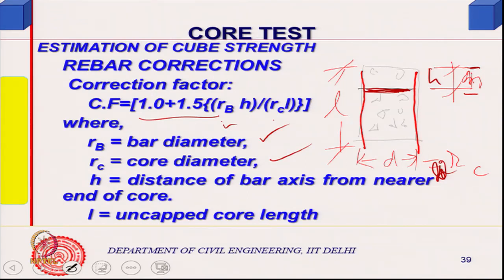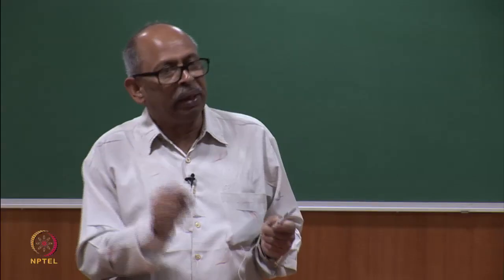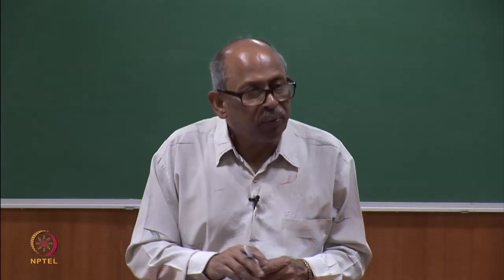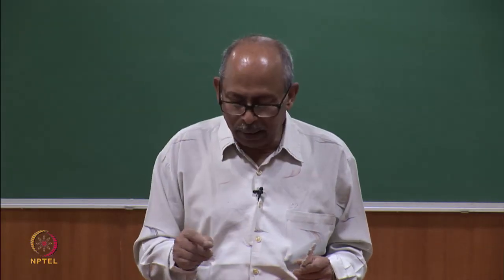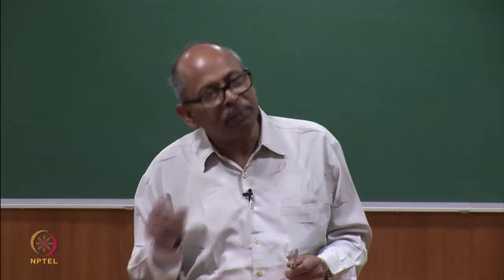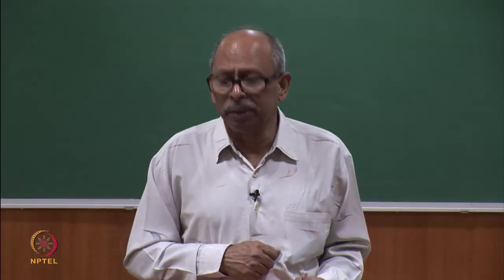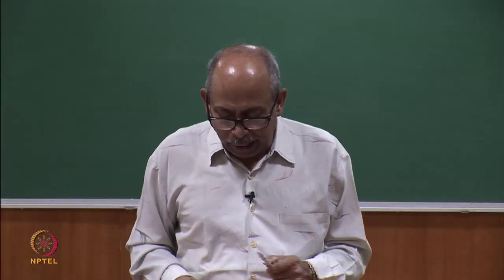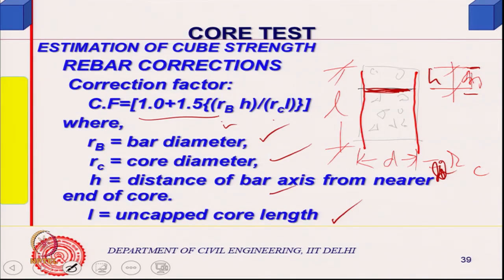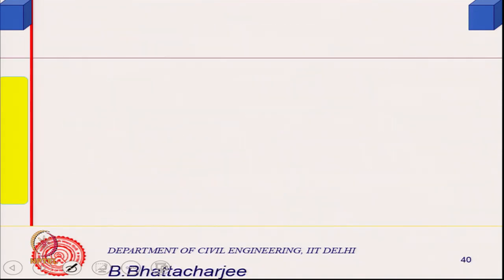Supposing 2 bars are there, find out D b into h for the first bar divided by D c into L, plus the same for the second bar, whose diameter could be different. So, this is the correction factor. L is the uncapped core length, h is the distance of the bar axis from the nearer end, and so on.